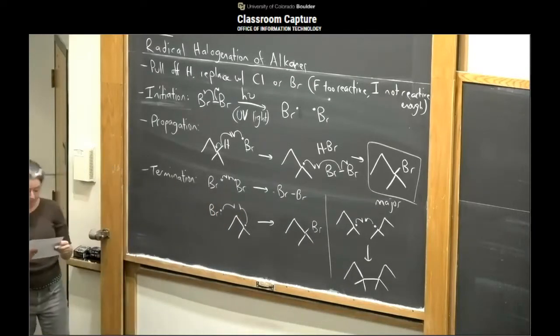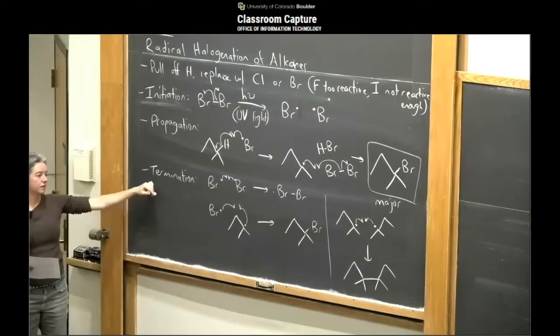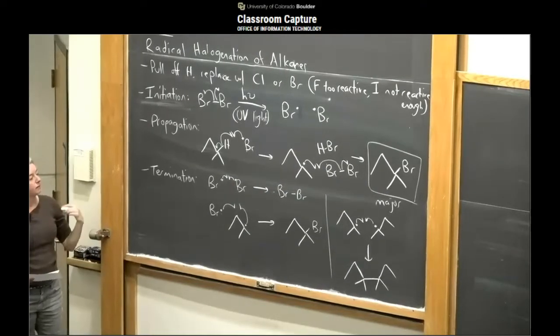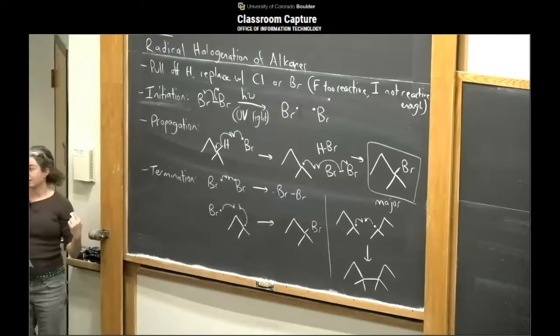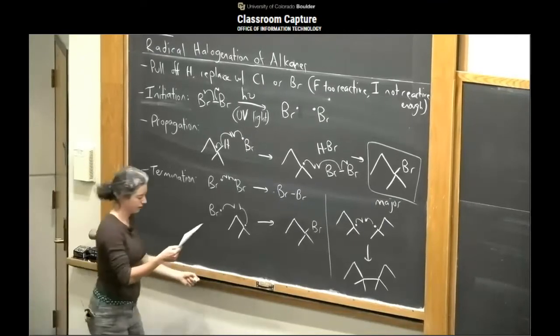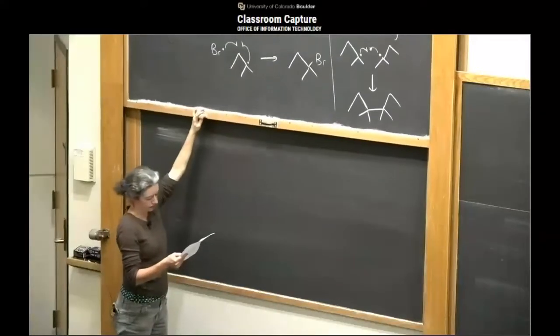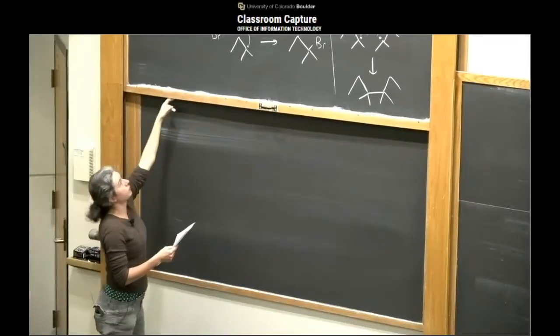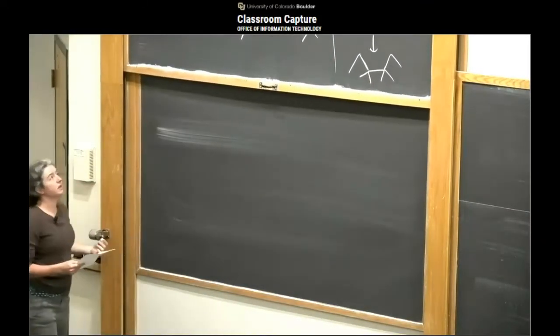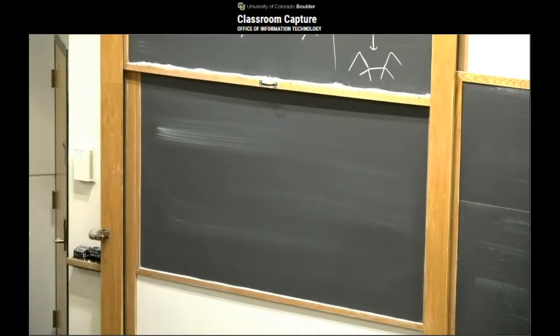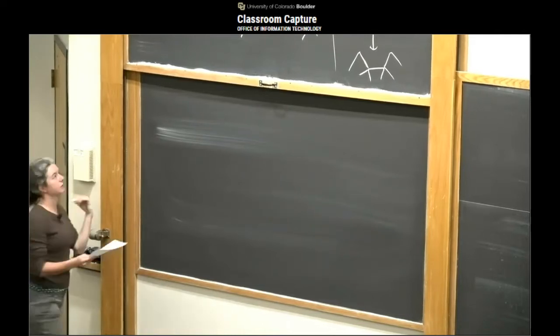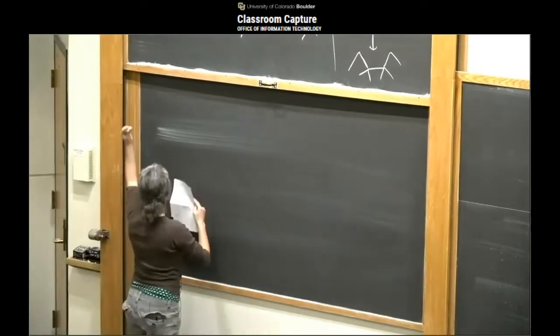So, okay, awesome. Now let's look at a few different consequences of the way this works. So I mentioned up here that it works for bromine and chlorine. F is too reactive, I is too unreactive. But there's still a noticeable energy difference between bromine and chlorine.